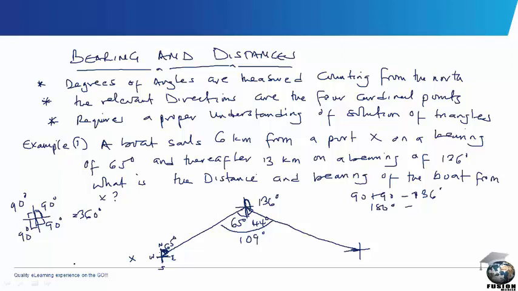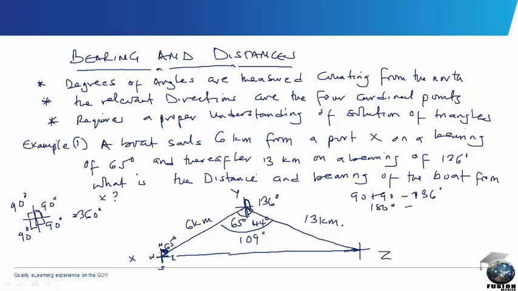The question says we should find the distance of separation, the distance of the boat. Assume I call here x, this one y, and this other point z. The boat sails 6 kilometers from the port to the first point, and then from the next point it sails 13 kilometers to z.